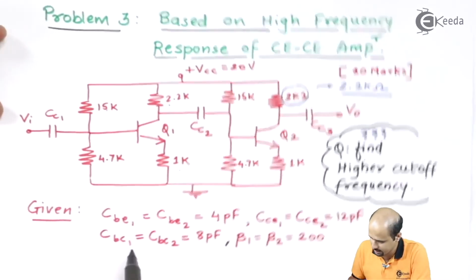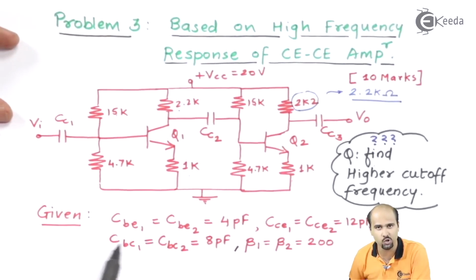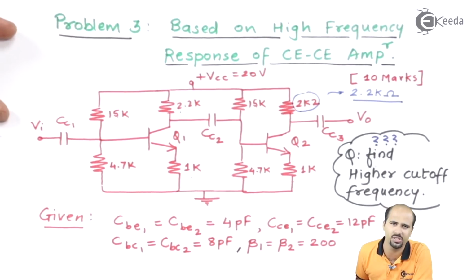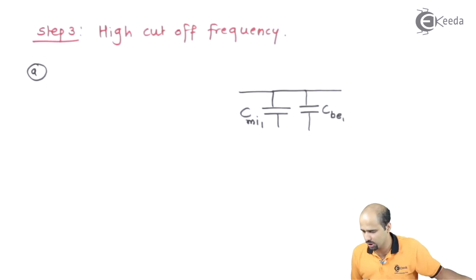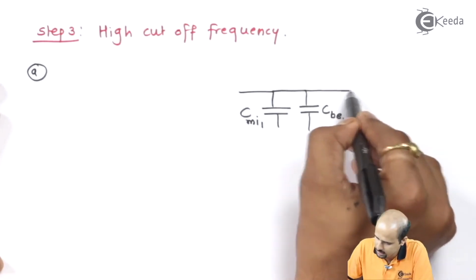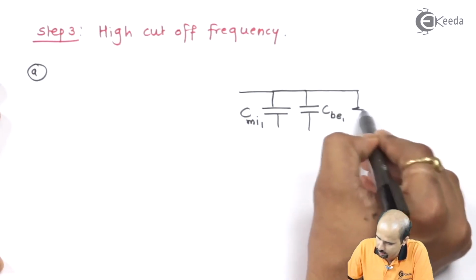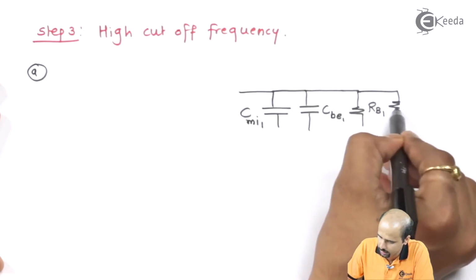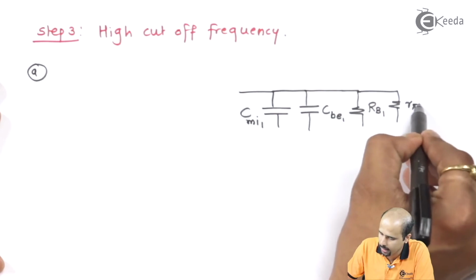So let's see, wiring capacitors are not given. So as I said earlier, if wiring capacitors are not given, then don't incorporate them. Simple. So now my circuit will become simple. Here at the input side we'll be getting RB1, and here we'll be getting rπ1.